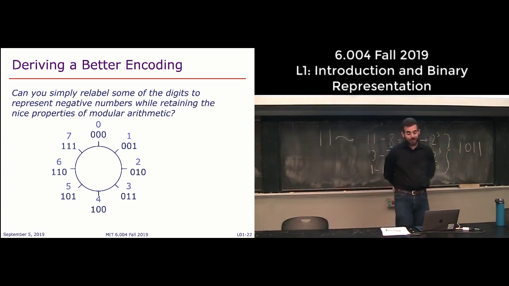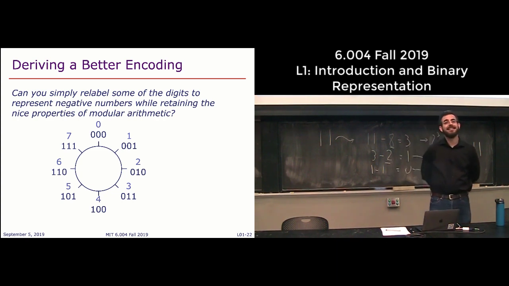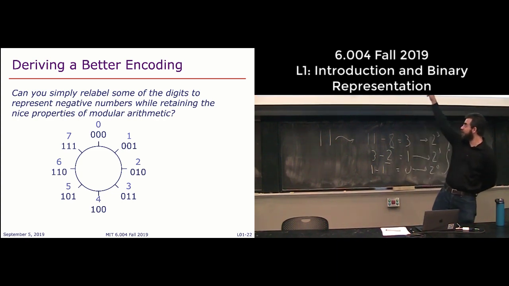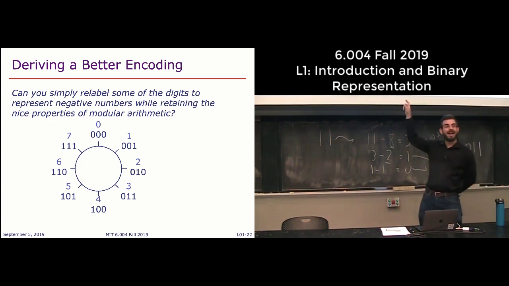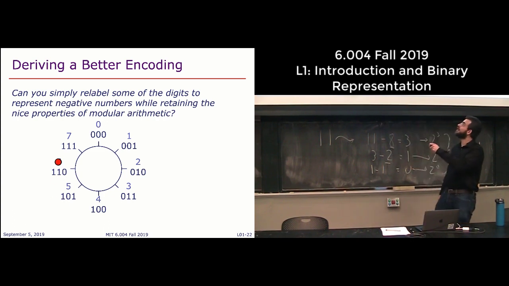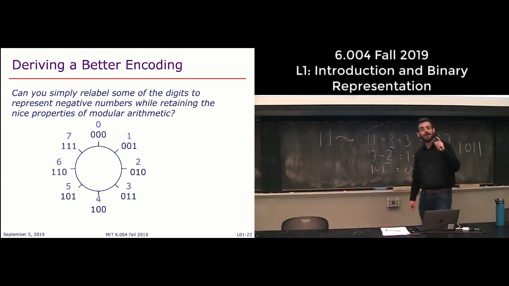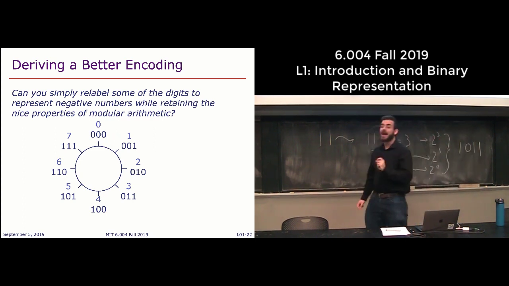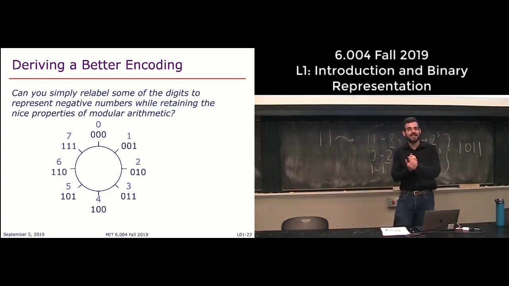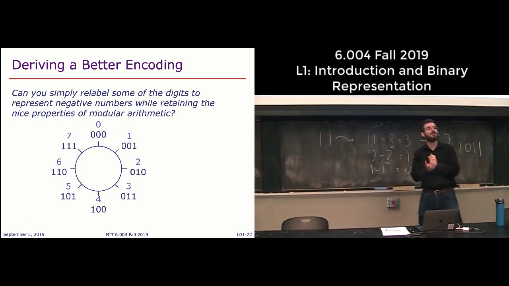So one thing to think about here is that if I just went by that rule, sign magnitude encoding is already doing that, right? Because the ones are on this half, and the zeros are on this half. So I'm looking more specifically about how do you relabel particular digits, so that we get modular arithmetic.